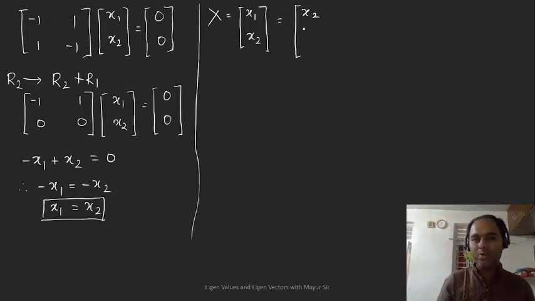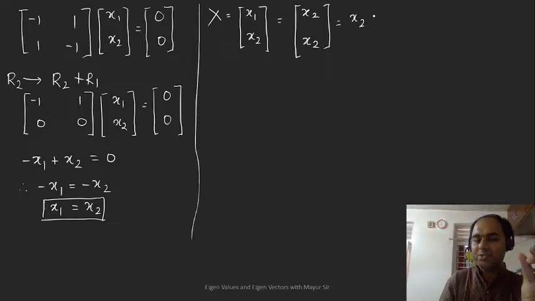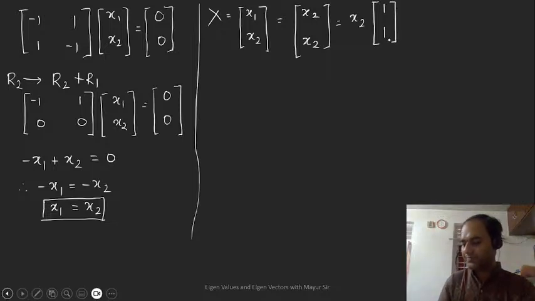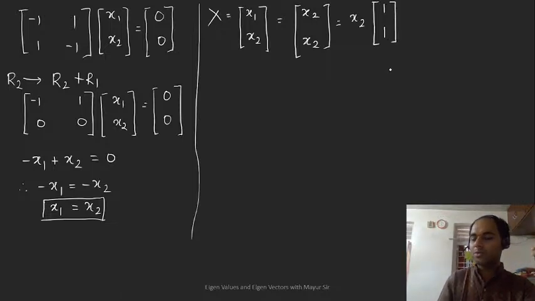So what we do, x2 is equal to x2 we write, and then x2 we take common. Treat x2 as a scalar and take it outside. So this 1 and 1 remains inside the bracket. Okay, so this is what we get: x2 is outside and 1 1 remain inside the vector over there.